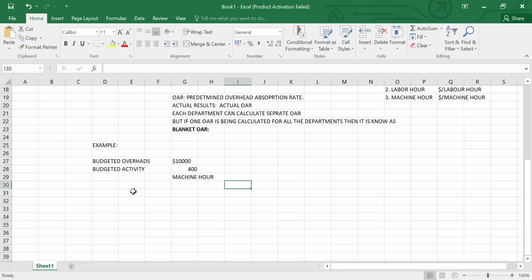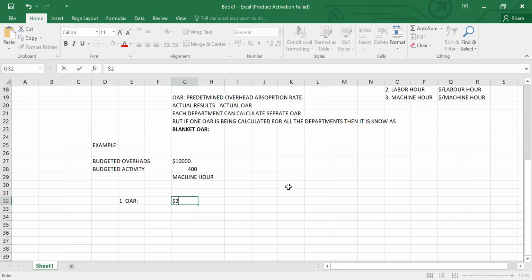Now, if we calculate the OAR here, the very first step will be OAR calculation. Please work this on your calculator and tell me the answer. $25.